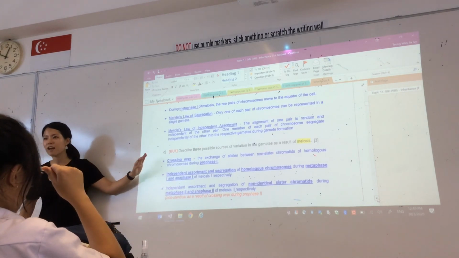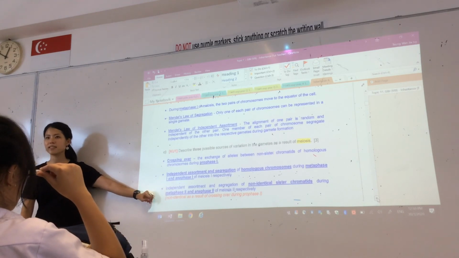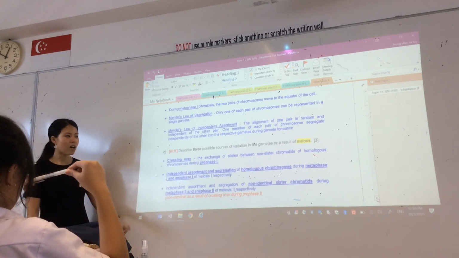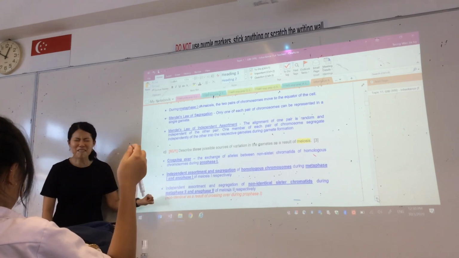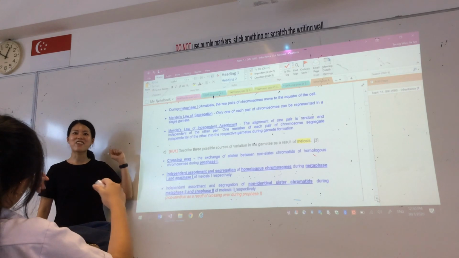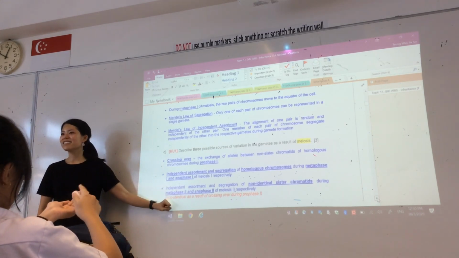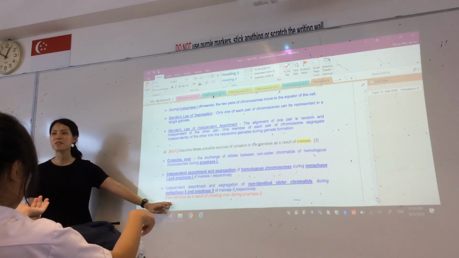If you did not get any of the keywords, please go back and revise. This has been asked in cell cycle before many times also. Now, some students are going to write random fertilization, random fusion. It will be rejected. Why?